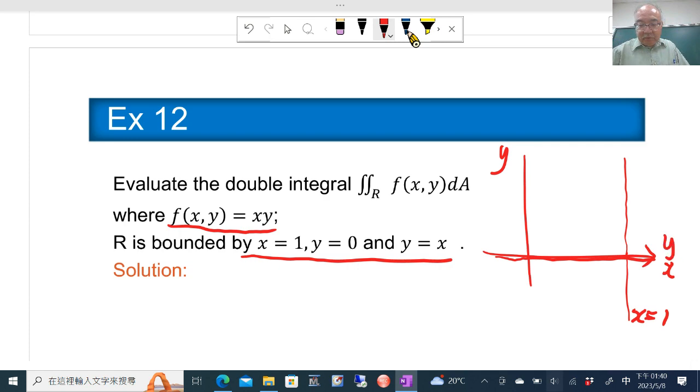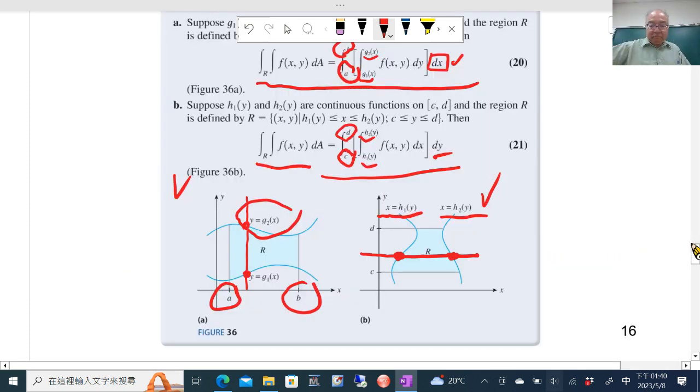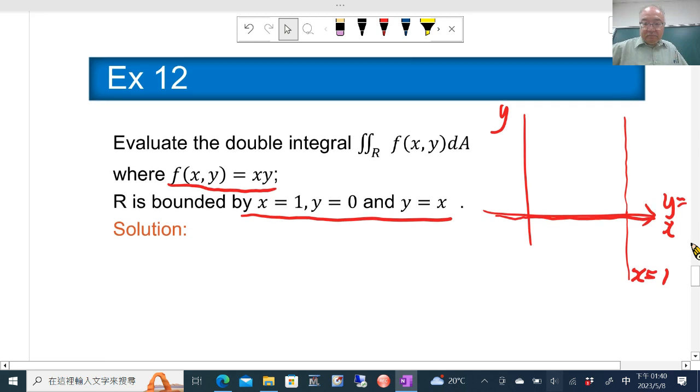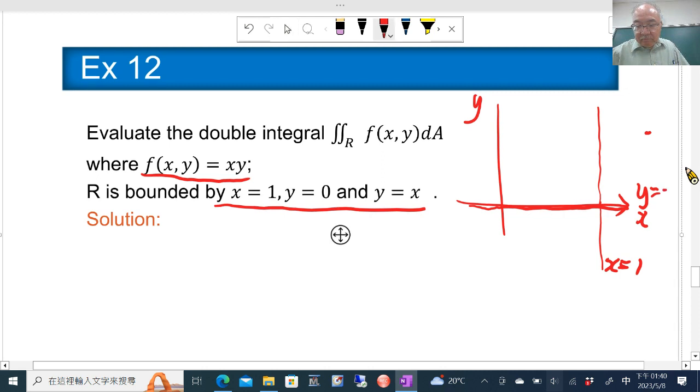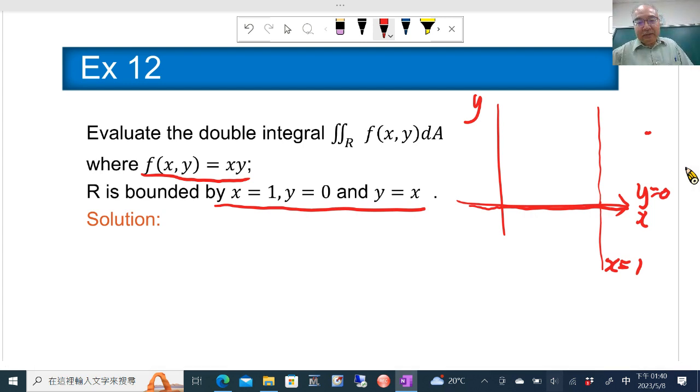And y equal to x is a 45 degree line. Therefore, we have the intersection at (1, 1).